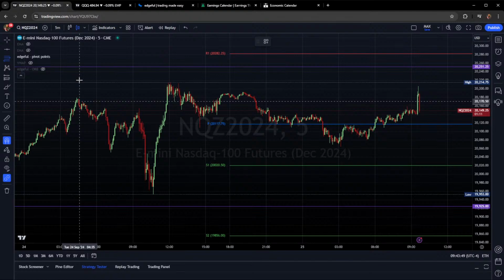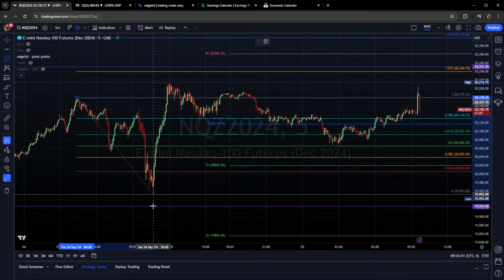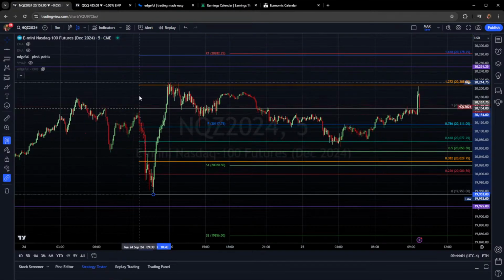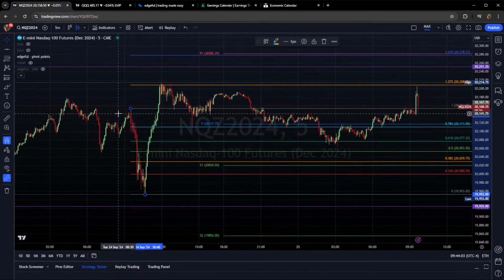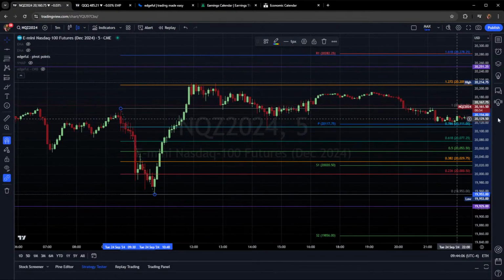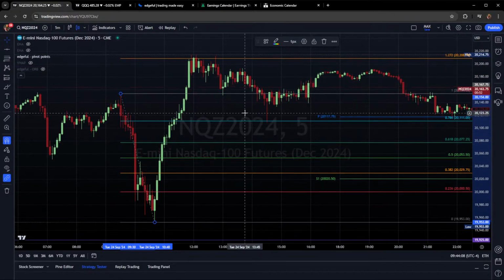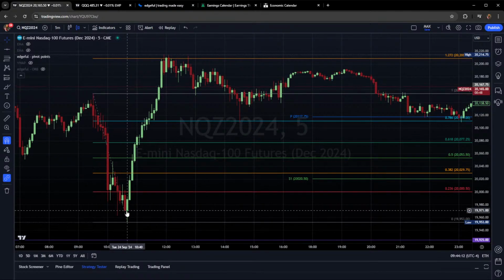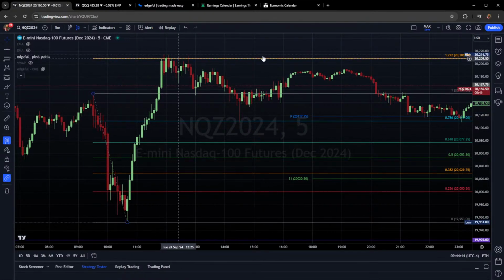The reason I had this level up here yesterday, no, it was right here. So yesterday, this was the open right here. Let me adjust this. This was where we were at the open. So we're opening candle to the low, and then look, my favorite fib extension.